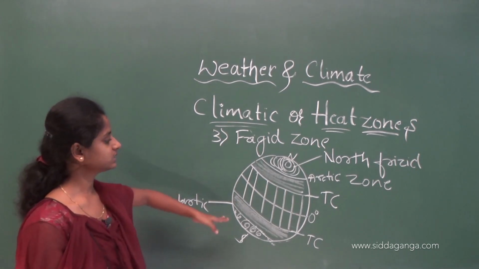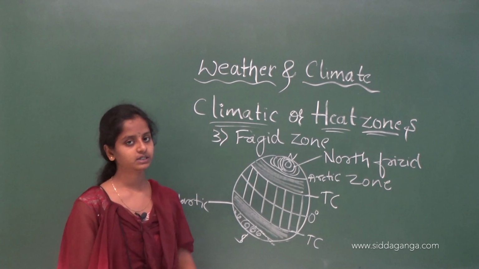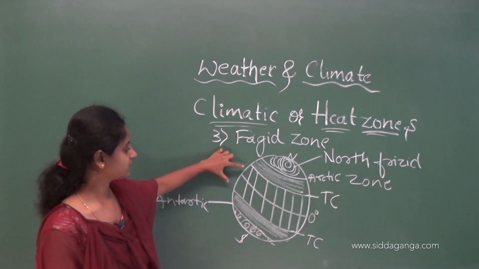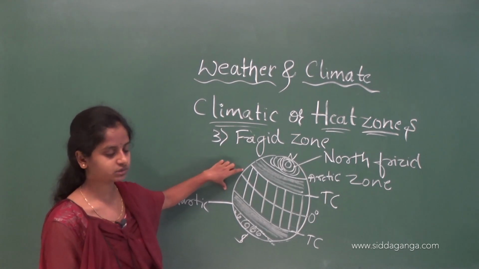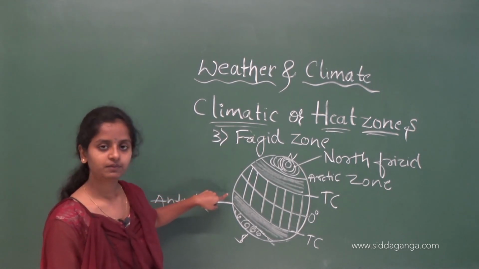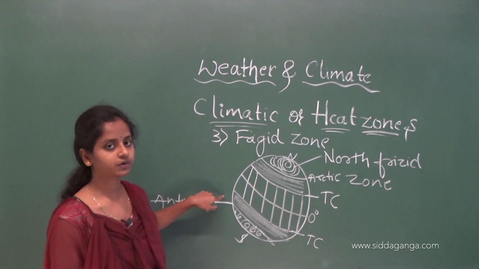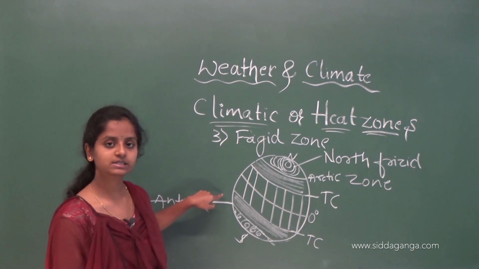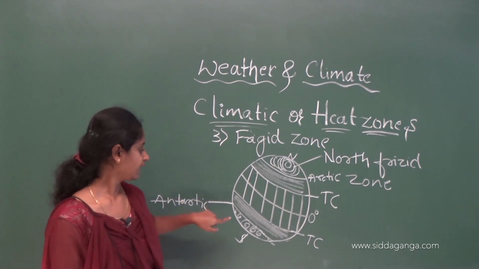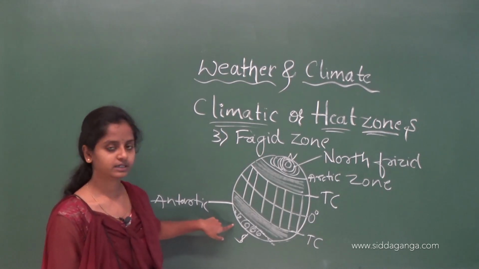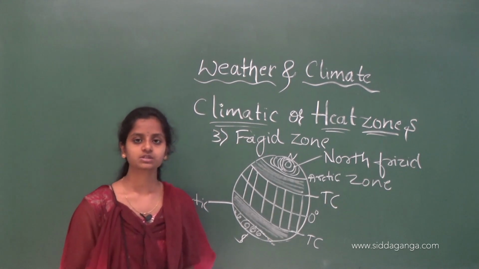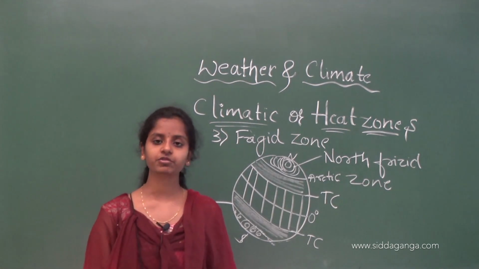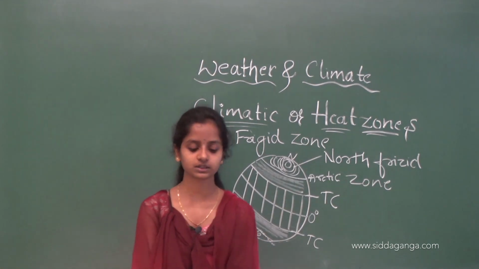So, this is about the different zones. This Torrid Zone will be very hot and humid throughout the year. The Temperate Zone will be not very hot, not very cold, a moderate climate, and the Frigid Zone will be very cold. So, this is about the different zones of Earth.